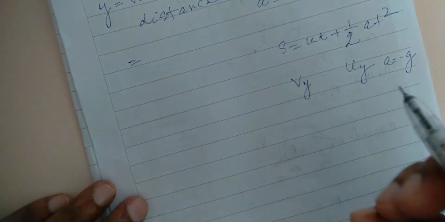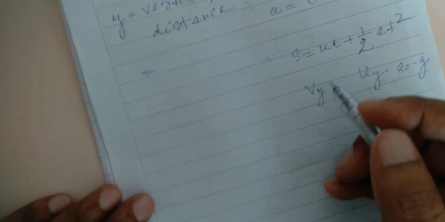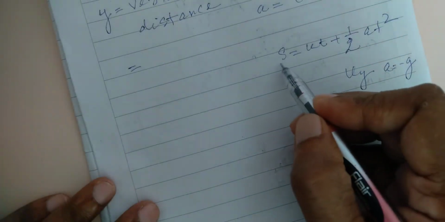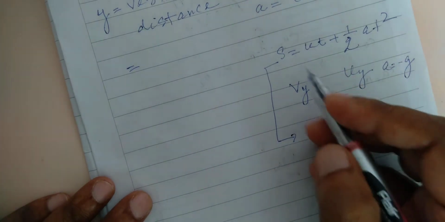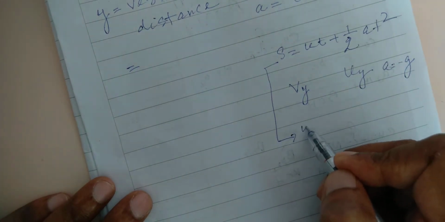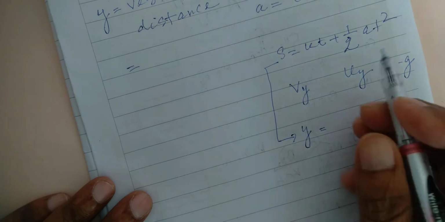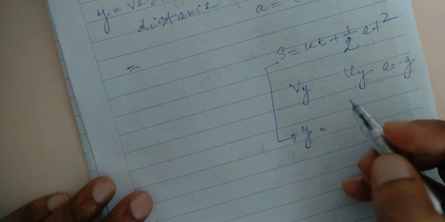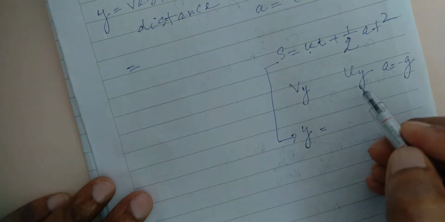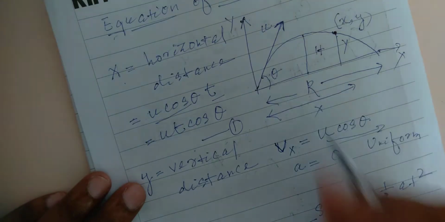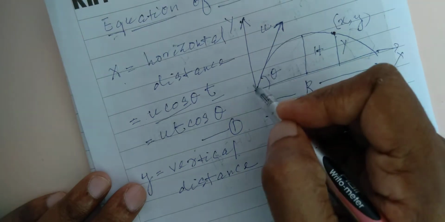Then you can apply this formula: S is equal to ut plus half at square. S here is the distance traveled, that's why I will write y, because we are considering the vertical direction. u is the initial velocity along the vertical direction, that is uy. uy is nothing but u sin theta.